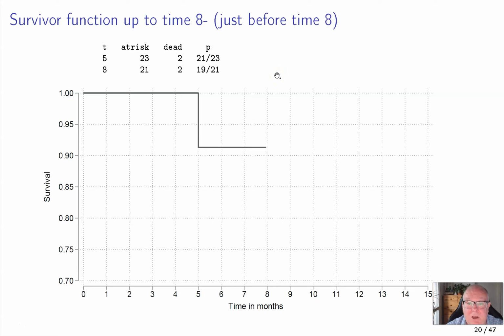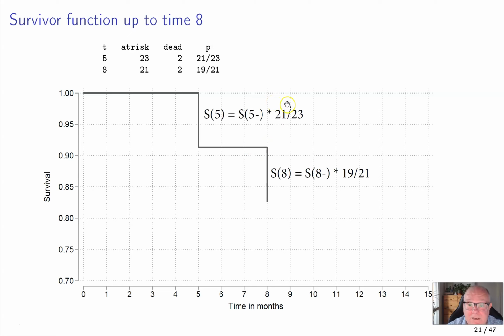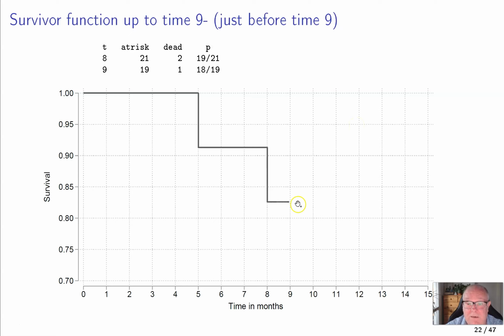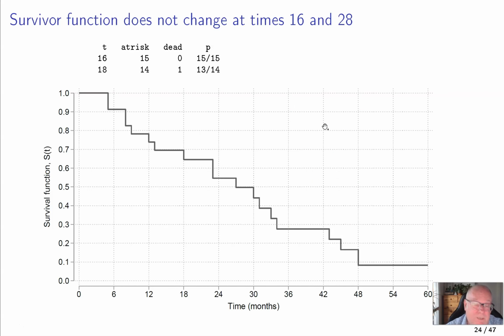Then it remains constant until just before the next death, which is at time 8. And then at time 8, we multiply it by 19 out of 21 because 2 patients died there. Then it remains constant until just before time 9. Then it drops again, and so on. And so here is the estimated survivor function for the entire follow-up.